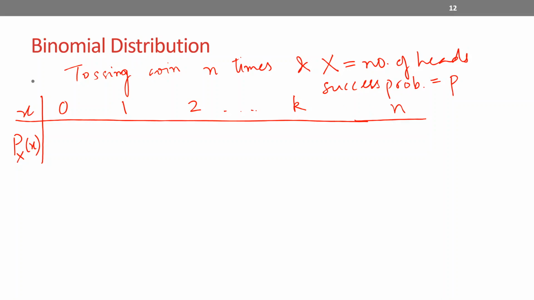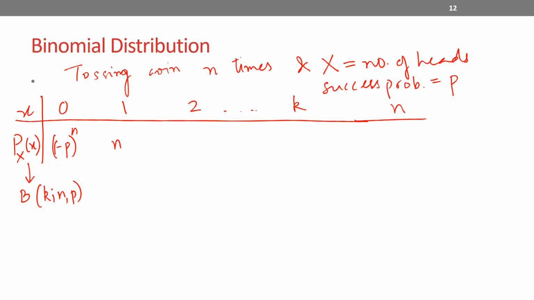And just a quick reminder, to get this, we are using the formula for b(k; n, p) that we derived in the previous lecture. So I'm populating that using this. So this is (1 minus p)^n, because the coin is tossed n times, and this is the probability of getting heads 0 times, right?